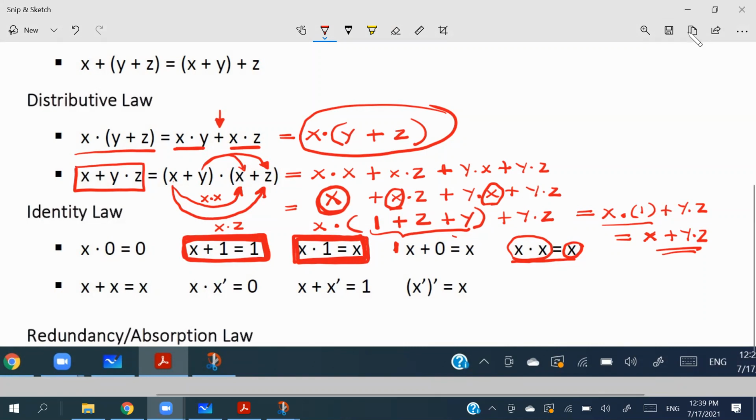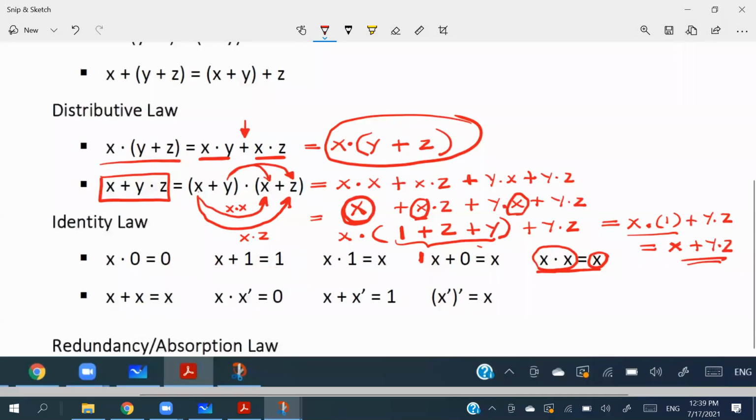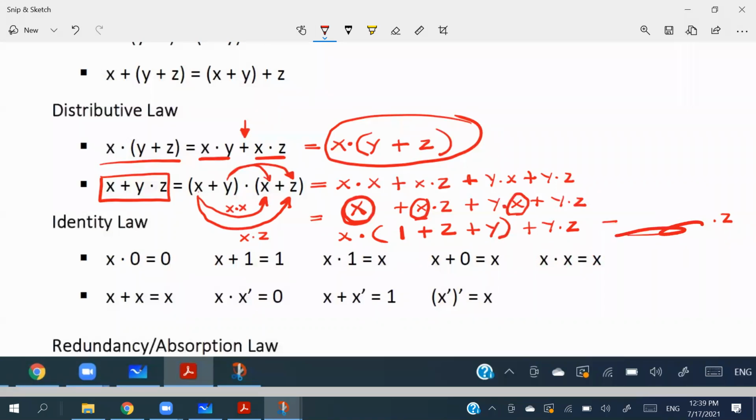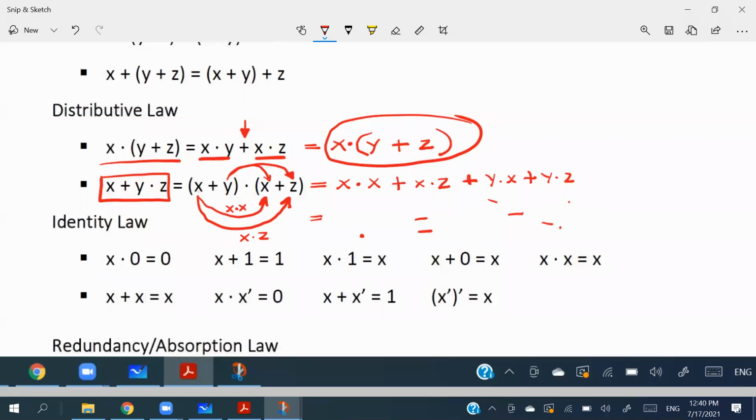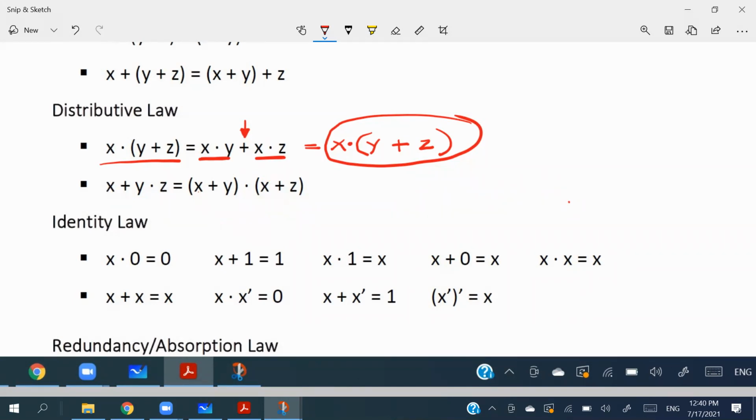And I'm going to get rid of these things first. Right, now the relationship between these two terms, these two sides, is going to be like this.